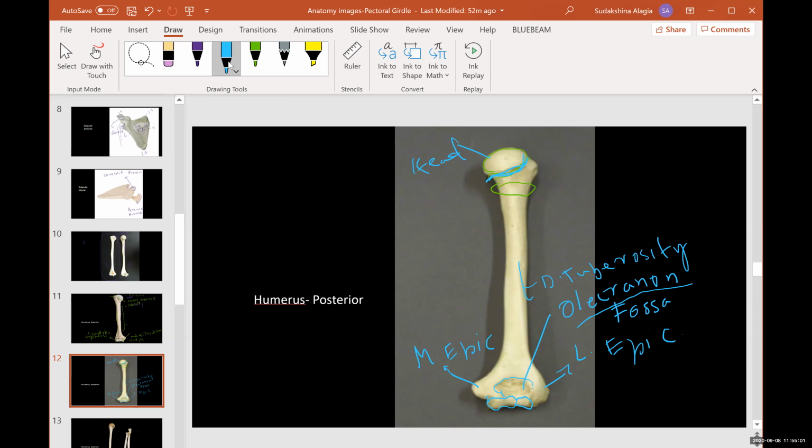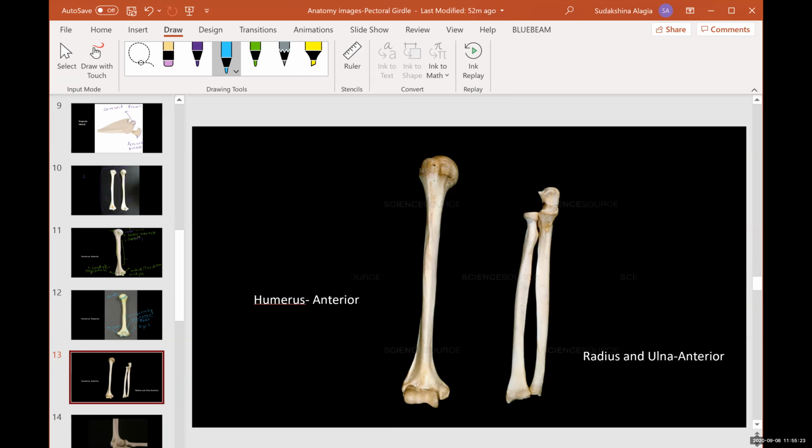Why olecranon? Because the part of the ulna that articulates here is referred to as olecranon process. As you can see, humerus, radius, ulna.